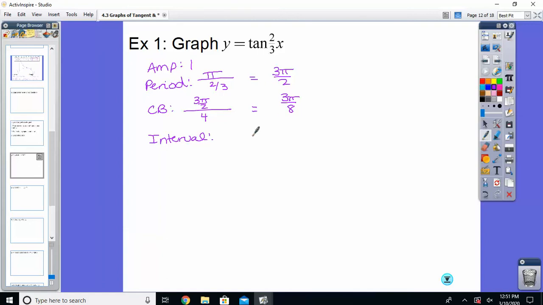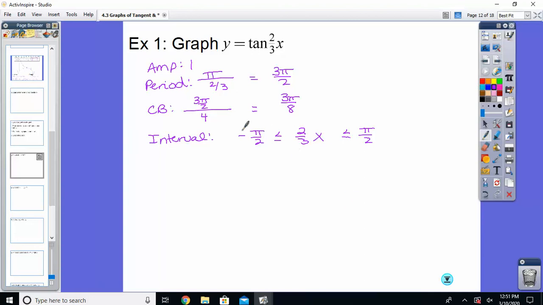With tangent, where did I tell you we would typically start and stop our graph? That was cotangent. Negative pi over 2 to positive pi over 2. So I'm going to say negative pi over 2 is less than or equal to 2/3 x is less than or equal to positive pi over 2.